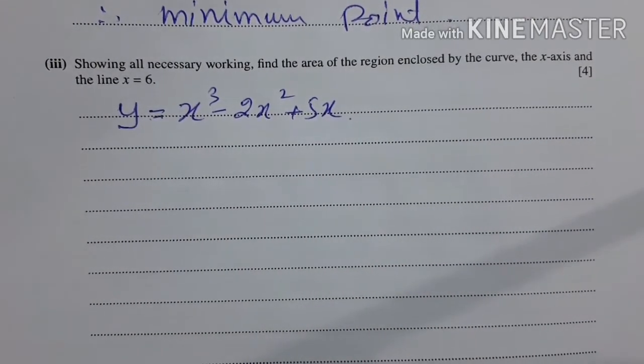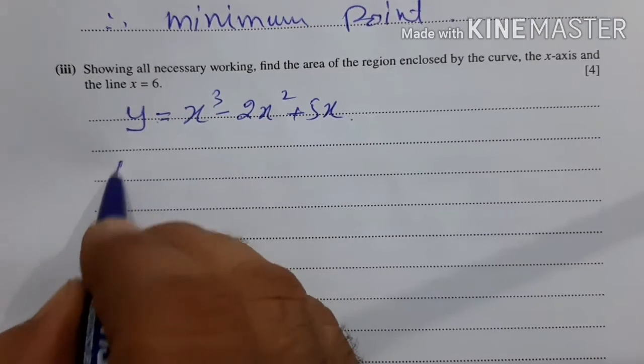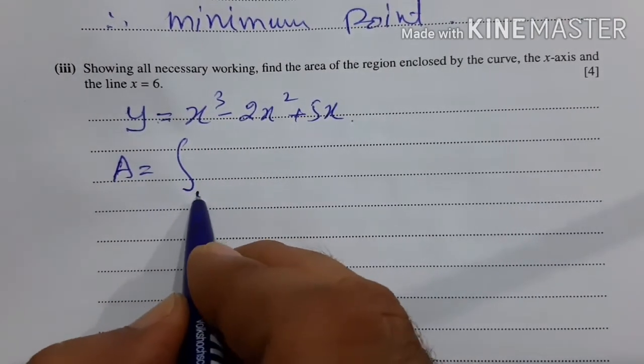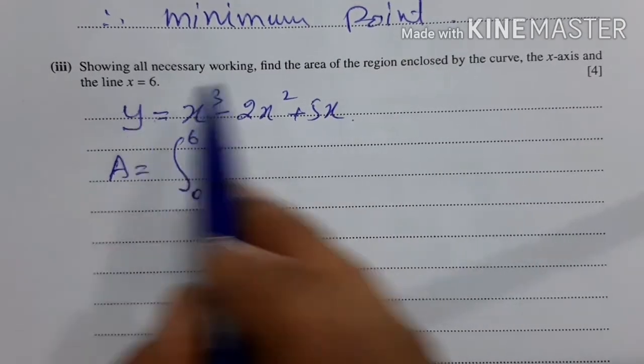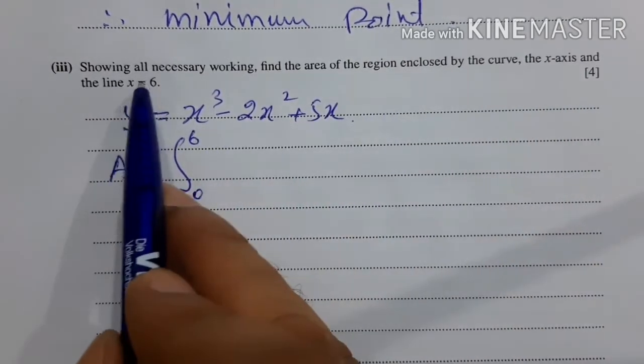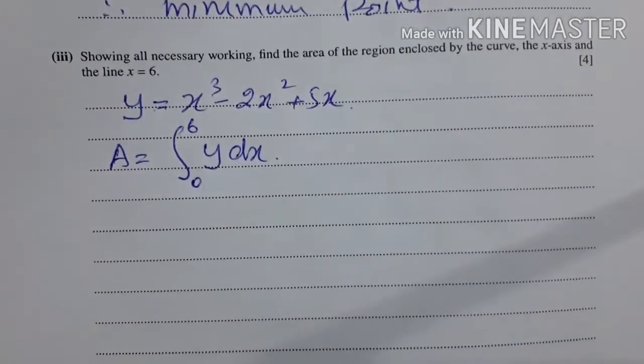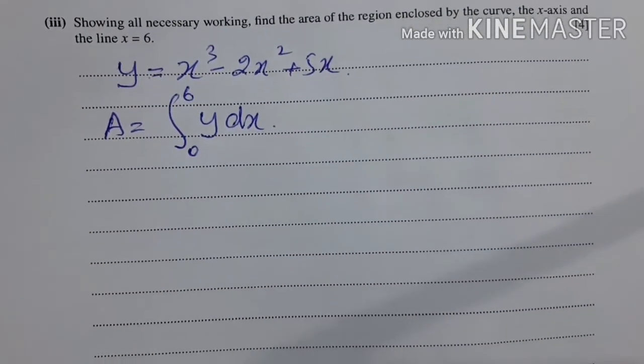So for the area under the graph, the formula is area is equal to the integral from 0 to 6, because the value is from origin to x equal to 6, of y dx. This is the formula for area under the curve.